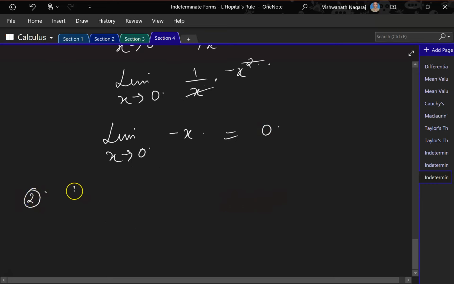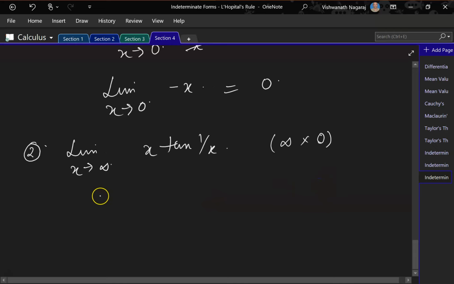Okay, limit as x approaches infinity of x tan 1 by x. Here as x goes to infinity, it becomes infinity times tan 1 by infinity, which is infinity times 0. Straightforward.